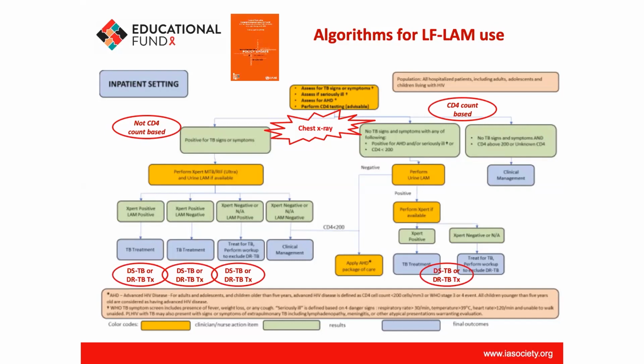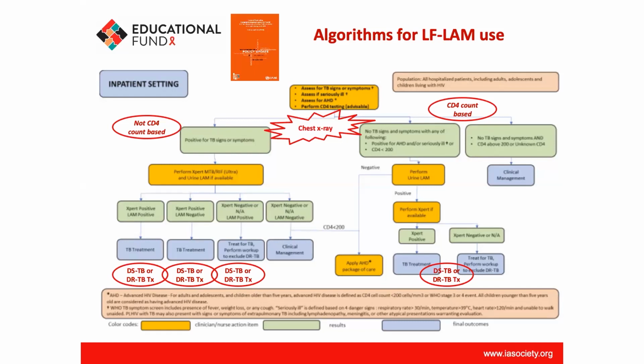So I think what's important at the bottom of the algorithm here is when to decide to treat a patient. And if they are positive for symptoms or seriously ill, you can start treatment, as Terry emphasized, based either on a positive LAM result, a positive Xpert result, or both. And similar to smear, LAM doesn't tell us anything about whether the patient is infected with drug-sensitive or drug-resistant tuberculosis.